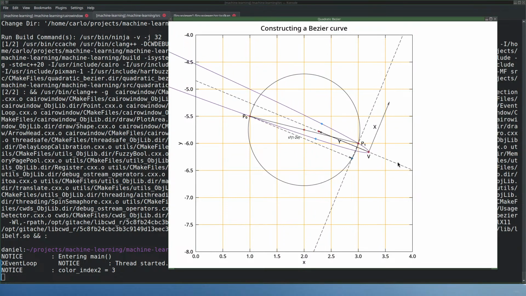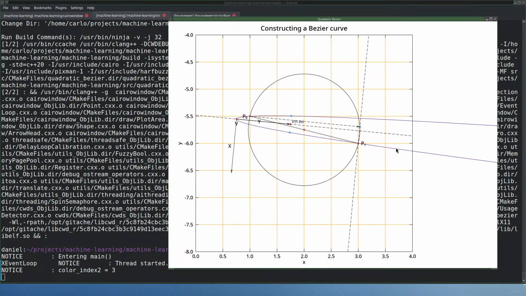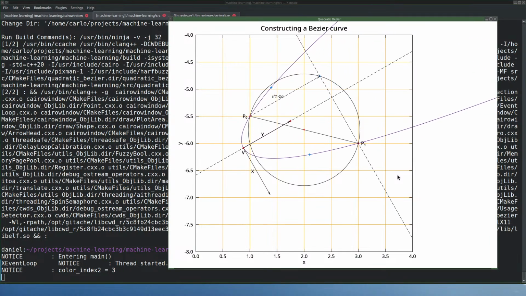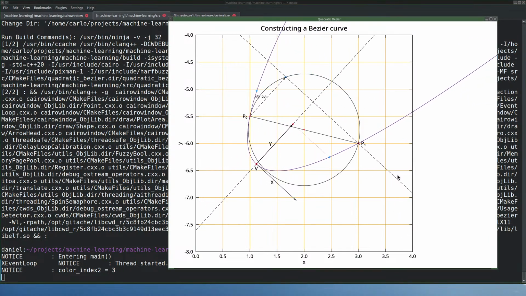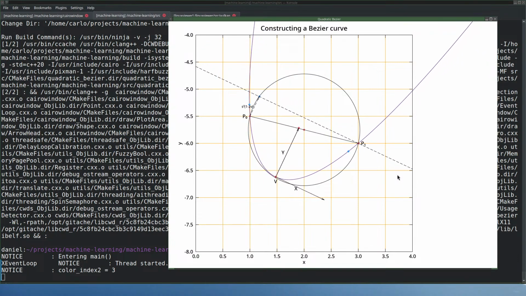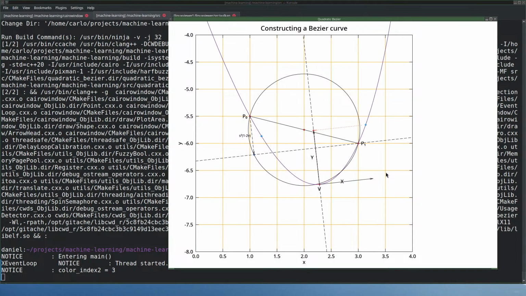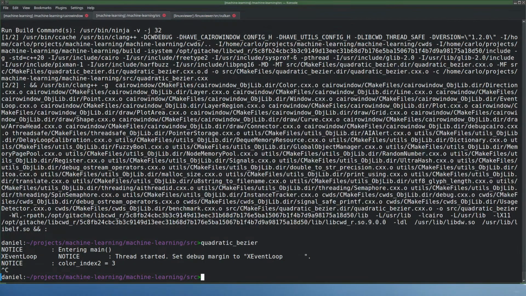What's the point of double buffering if you can't even do it like this? Can't get these right. Yeah, looks nice.